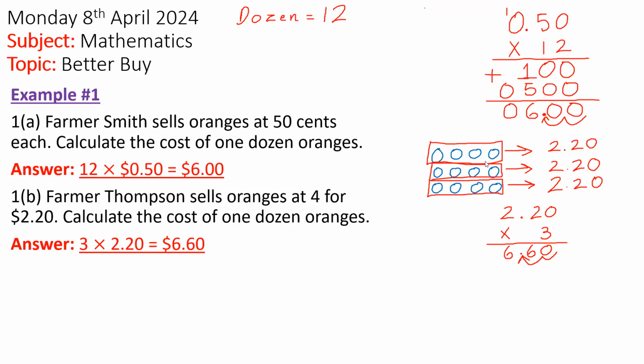How much is for 4 based on the question? $2.20. Good. This 4 is for $2.20, this next 4 is for $2.20, and this next 4 is for $2.20. So we have to multiply $2.20 by 3 to get the amount for all 12 of them. Understand that? Yes, sir. And so our answer is $6.60.